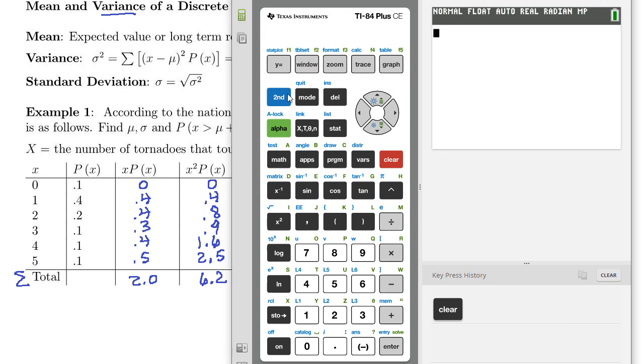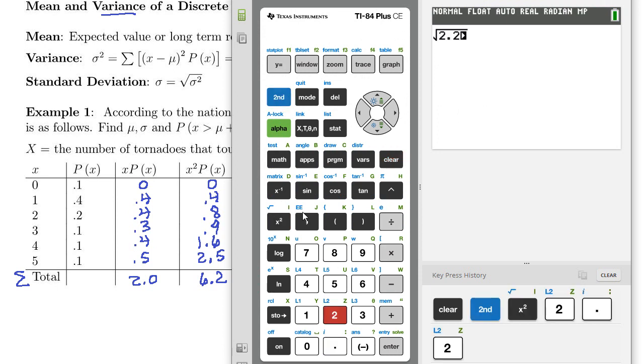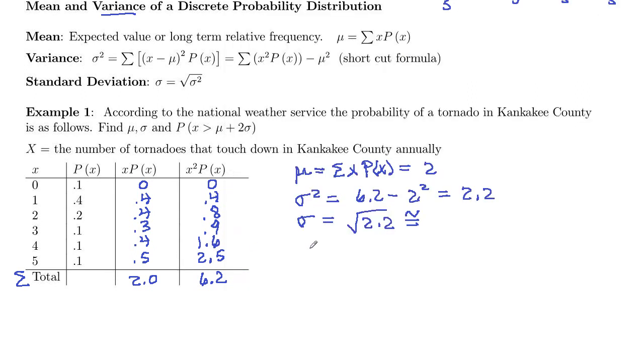If we pull out the calculator here, the square root of 2.2 is 1.483, so approximately 1.48. I added one additional decimal place. So there's our mean and standard deviation.